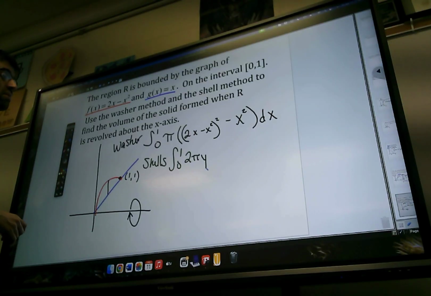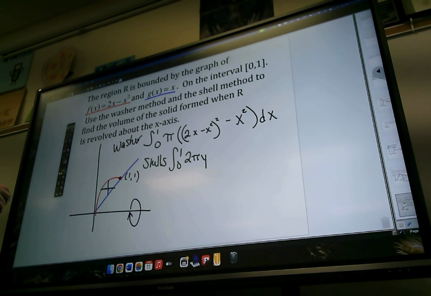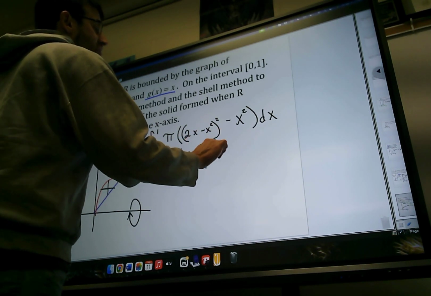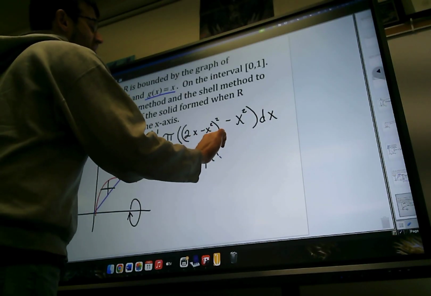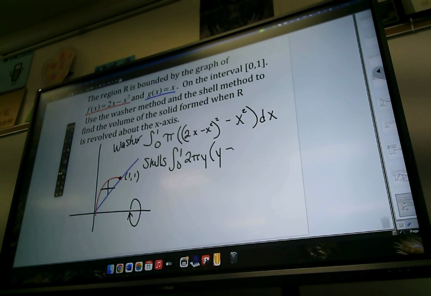Now, because remember shells are parallel to the axis of revolution, my rightmost function is just going to be y. My leftmost function is going to be this, but I need to get it in terms of y. And that proves to be a little bit more difficult.